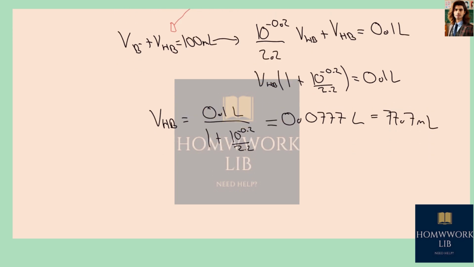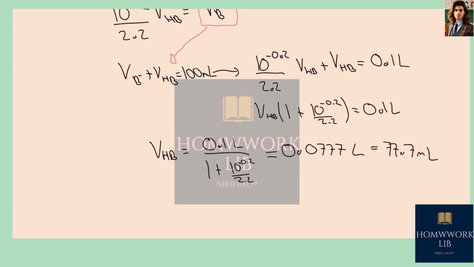Now, to solve for the volume of B minus, we can employ either equation. For example, from here we get that the volume of B minus is equal to 100 milliliters minus the volume of HB, or we can apply the equation over here. Regardless of the method that you employ, the result is going to be equal to 22.3 milliliters.